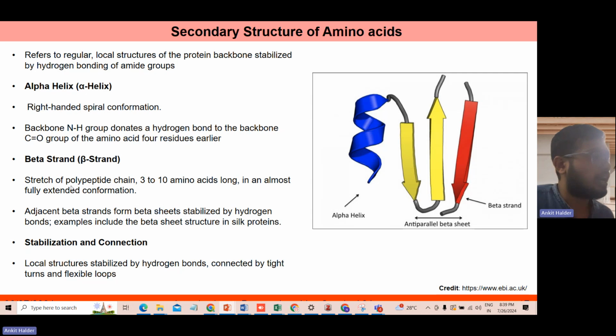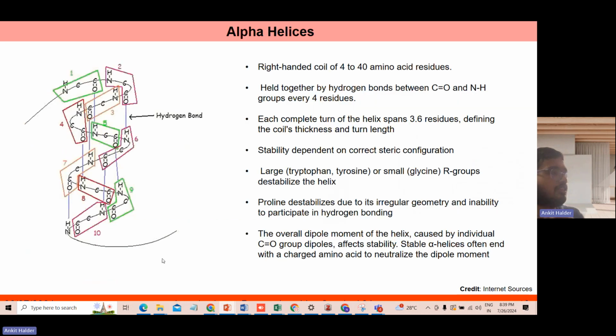Whereas beta strands are stretches of polypeptide chain, 3 to 10 amino acids long, in an almost fully extended conformation. Adjacent beta strands form beta sheets that are stabilized by hydrogen bonds. This includes the beta sheet structure in silk proteins, the fibroins, which form from beta sheets, stabilized by hydrogen bonds and connected by tight turns and flexible loops.